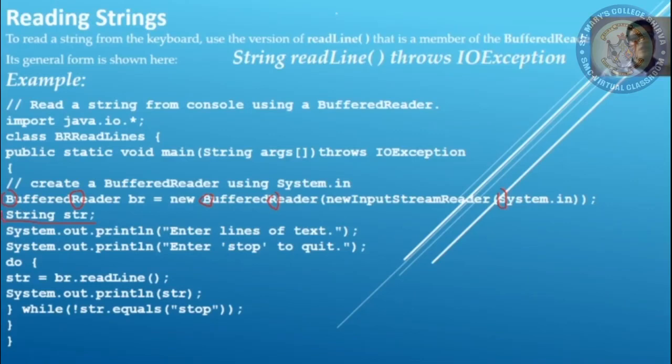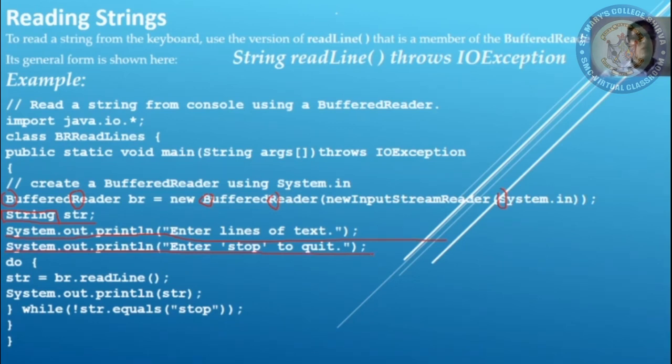Please observe that you don't have this string data type in C++, but here we are directly using the string data type in the Java program. Now I am displaying output statements System.out.println, enter a line of text, and one more, enter stop to quit. So whenever you enter stop, it has to stop.